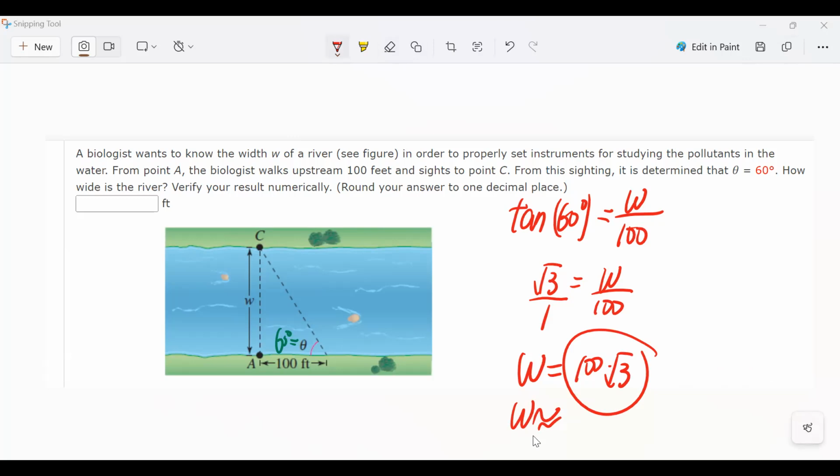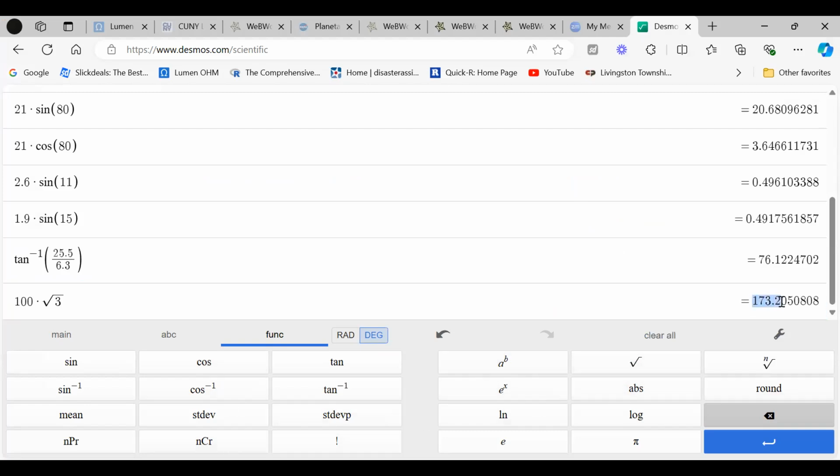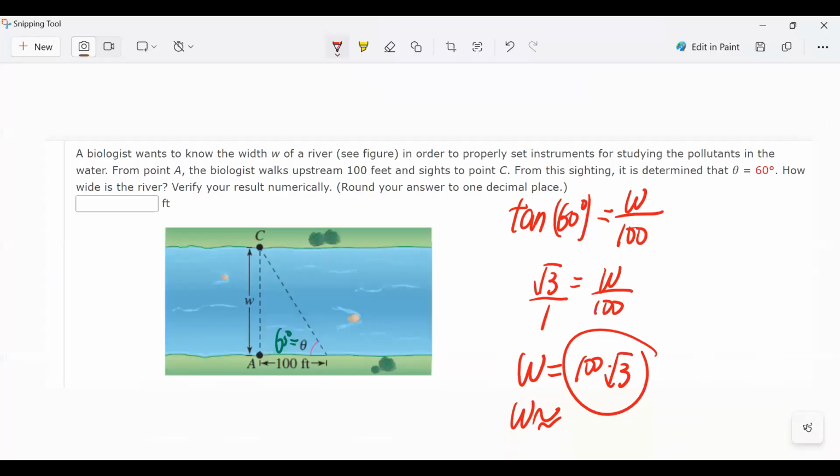So that's 173.2. Okay, so the answer is 173.2. And let me check the answer.